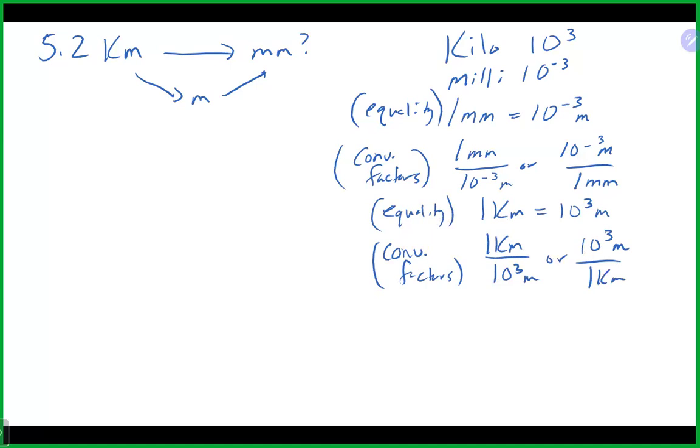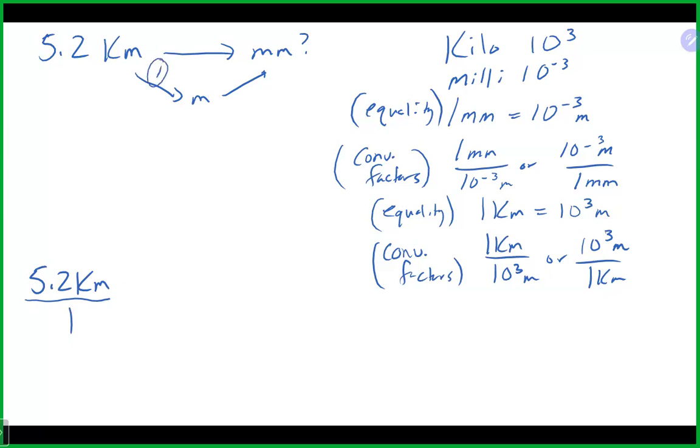All right, so we're just going to start our calculation here. We're going to start with 5.2 kilometers. Again, you do not have to do this, but if it helps you visually see where the units are, you could just put it over 1. Once again, you don't have to do that if you understand that those units are on top. So again, we're going to go from kilometers first to meters.